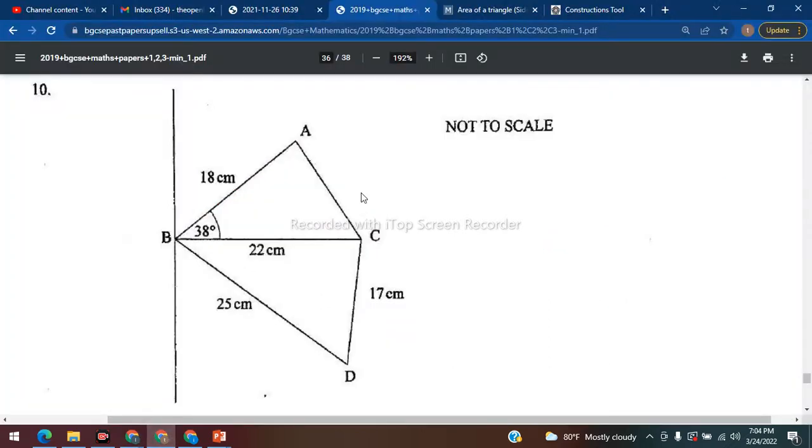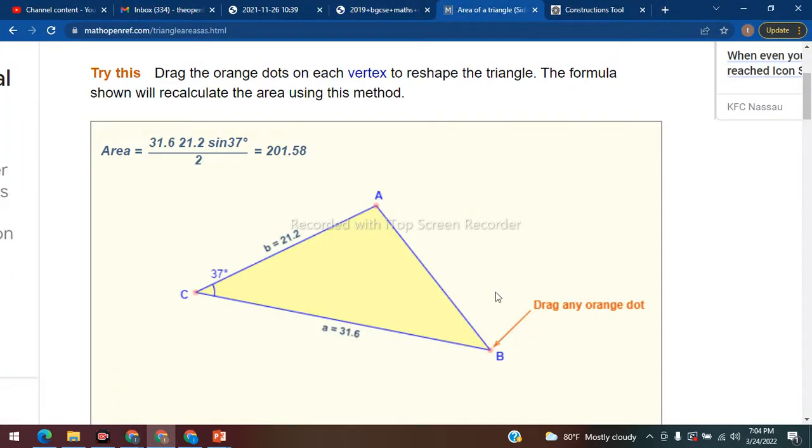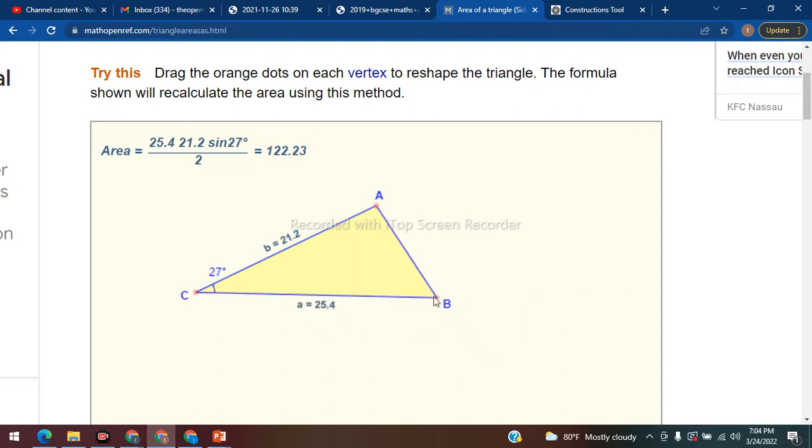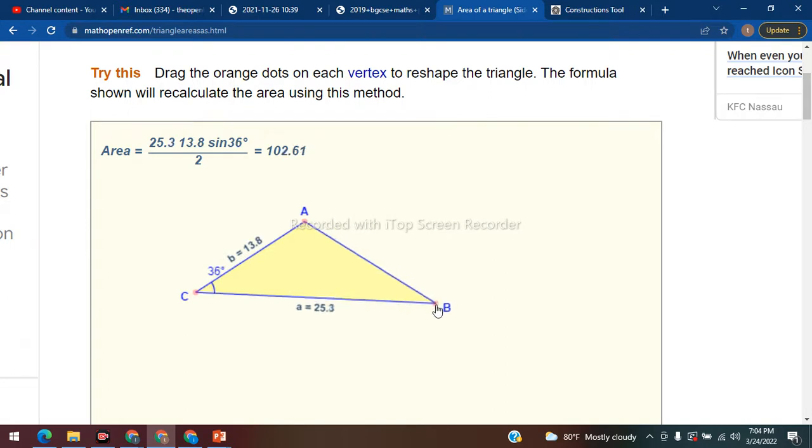Let's see if it's because, let me see this. What do we have here? Our angle is how much? 18? No, our angle is 38, right? Yes, 38. And then our length is what? 18.